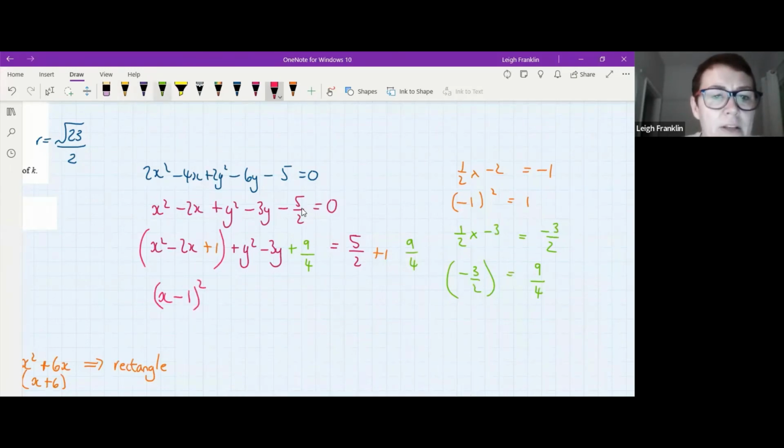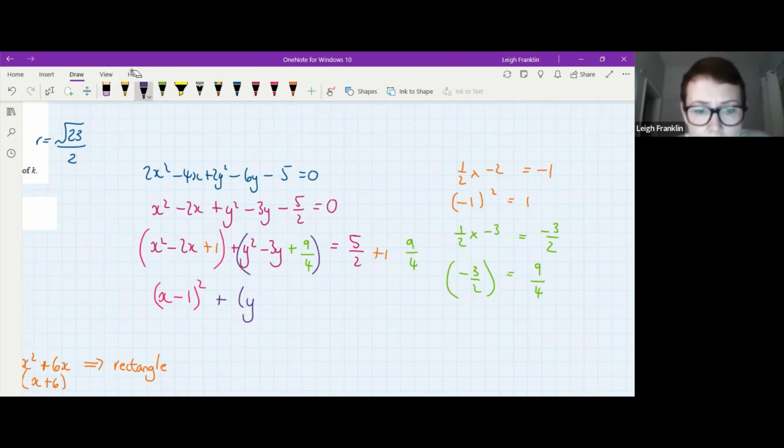And then factorizing our perfect square trinomial over here, this gives us y minus 3 over 2 squared. And here on the right hand side, you could have done that on your calculator, but it's essentially 10 over 4 plus 4 over 4 plus 9 over 4, which is where the 23 over 4 comes from.